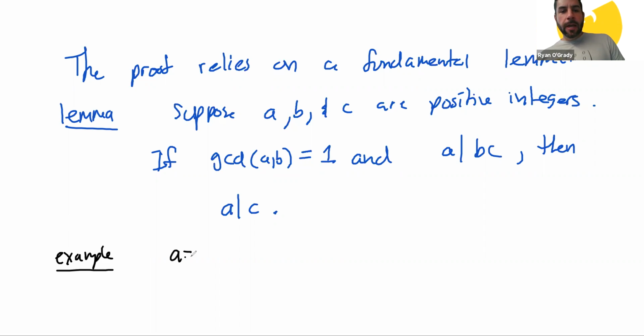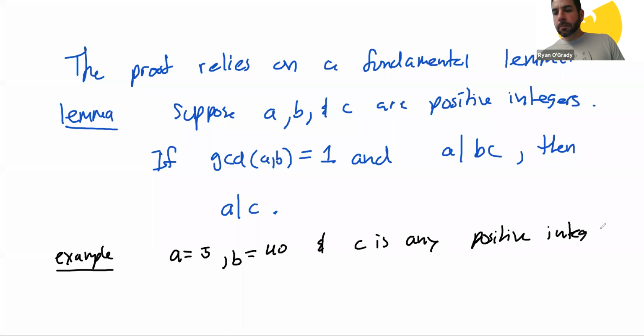So let's say A is 5, B is 7, and C is any positive integer. I'm sorry, what did I say originally? I said 5 and 7. What I wrote down is wrong here. I said let's take two relatively prime numbers.